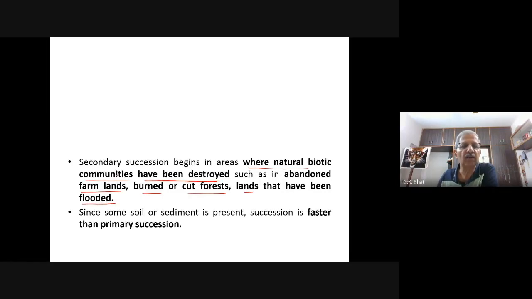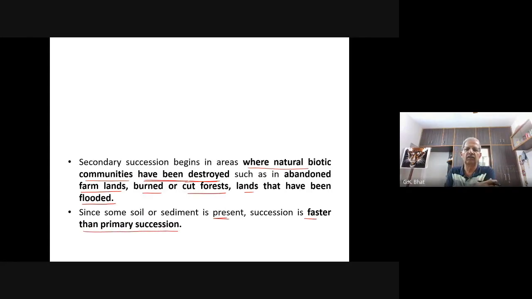Some populations were there, but due to natural calamities they got removed, and in those places the succession starts again. It is called secondary succession. Since some soil or sediment was present already, succession is faster here than primary succession.